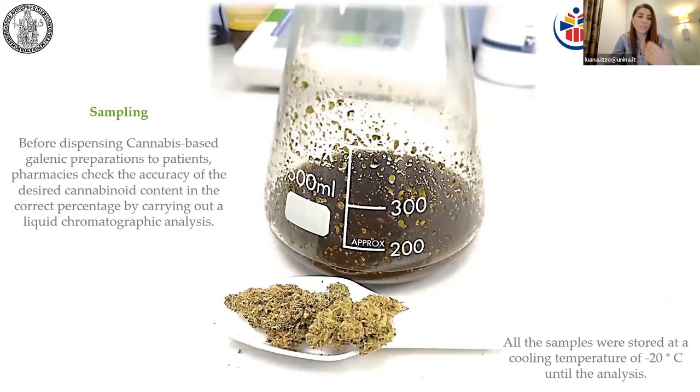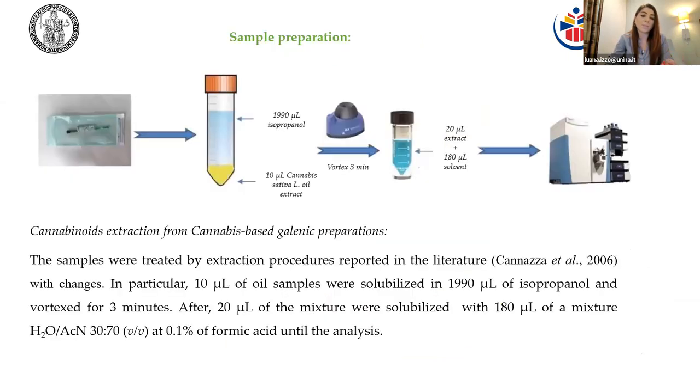So when we received the sample from the pharmacy, we stored the whole sample, and then we performed a short preparation of the sample. The sample preparation is very easy because we put 10 microliters of the oil extract, galenic preparation, in isopropanol.